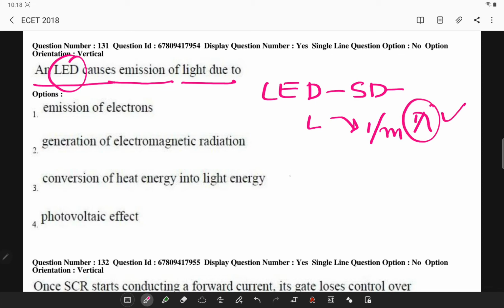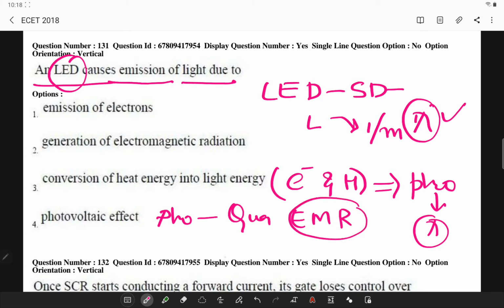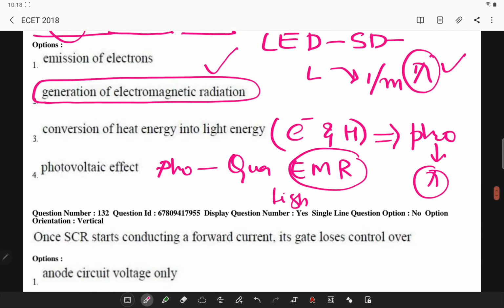The combination of an electron and a hole can spontaneously produce a photon at a designated wavelength or a different wavelength. What is a photon? A photon is a quantum of electromagnetic radiation, or a particle which transmits light. So if you observe the options, generation of electromagnetic radiation is the correct answer.